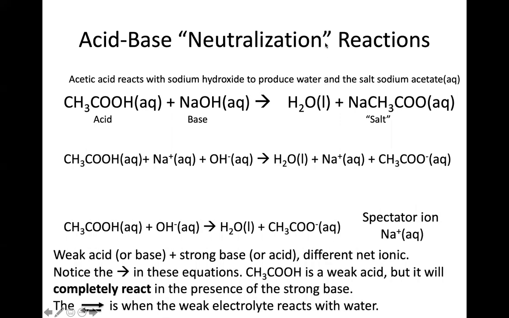One last thought within here. In each of these examples, I'm writing them as an arrow just going in one direction. When we looked at things like acetic acid or HF or ammonia, any of those are in equilibrium and they don't break apart completely when they're just in water.